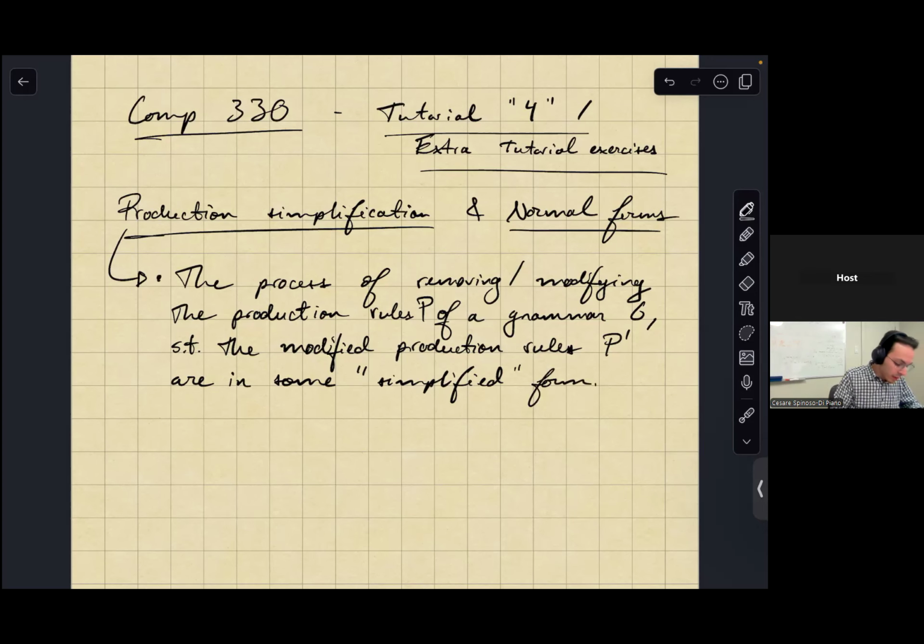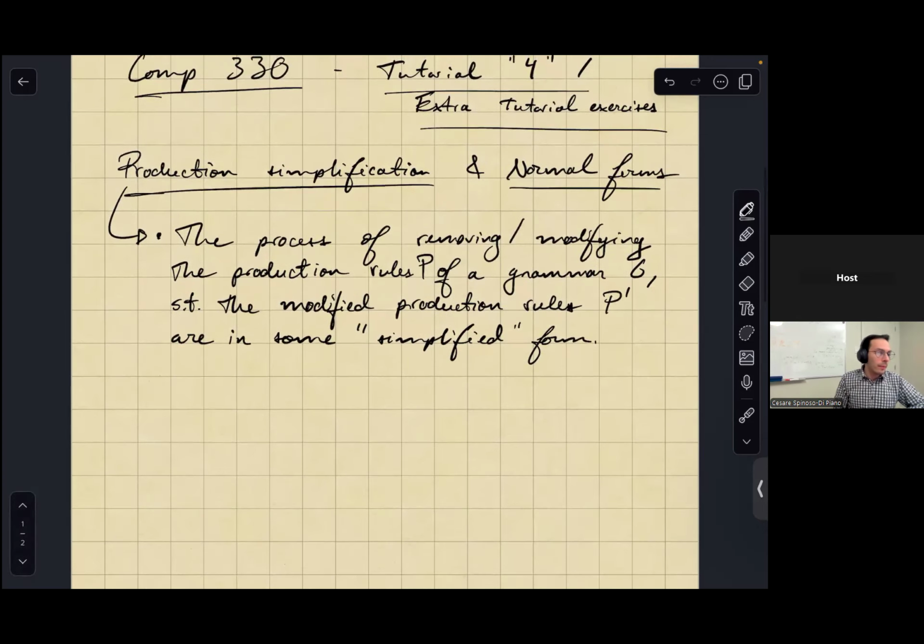These include a few things that we're going to cover throughout a few of the upcoming videos. They include removing epsilon productions. Epsilon productions are literally productions that have on the right-hand side of the production rule only the epsilon symbol, the empty string, right?